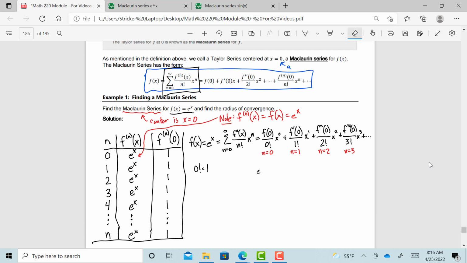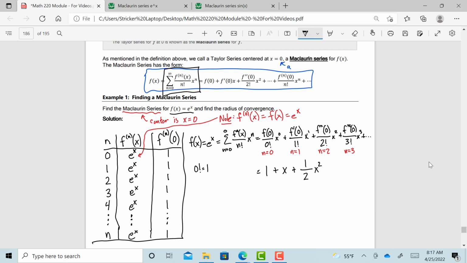So that first term, basically everything there is 1. We move on to the next one, f prime of 0 over 1 factorial is basically just 1, times x to the first is x. We move on to the third term. f double prime of 0 over 2 factorial is 1 over 2 times x squared.